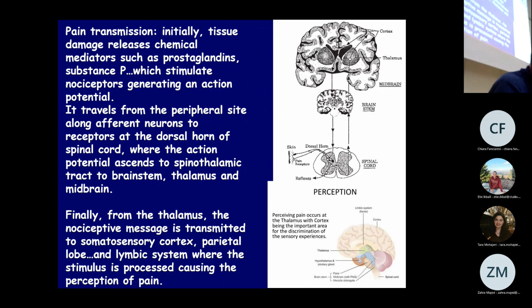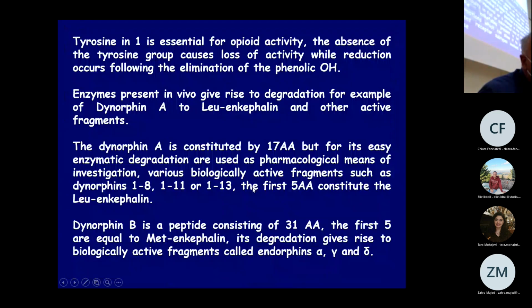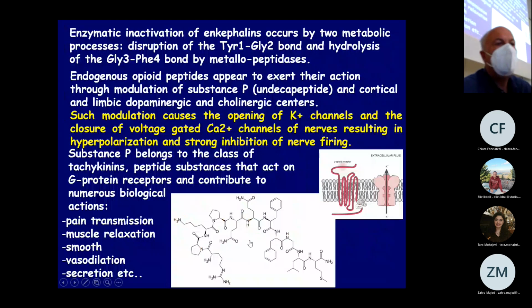This neuropeptide is called neuropeptide P. You see here the chemical structure. It is formed by 11 amino acids, and morphine and enkephalins are able to block the release of this particular neurotransmitter.